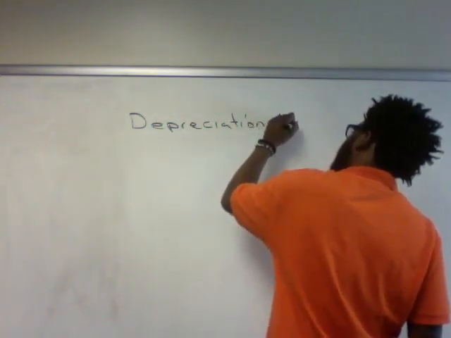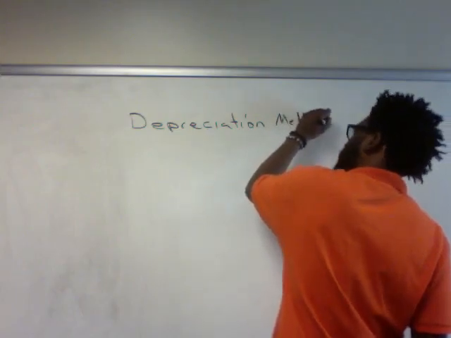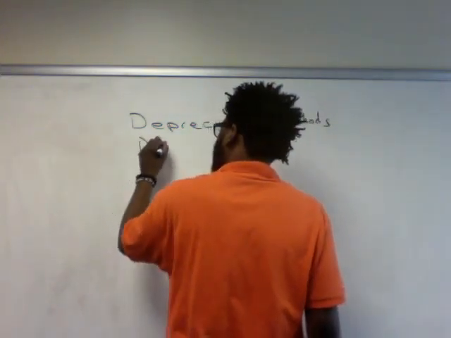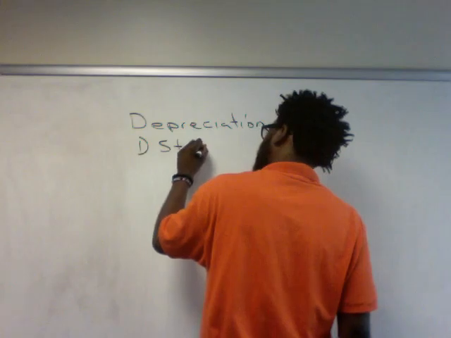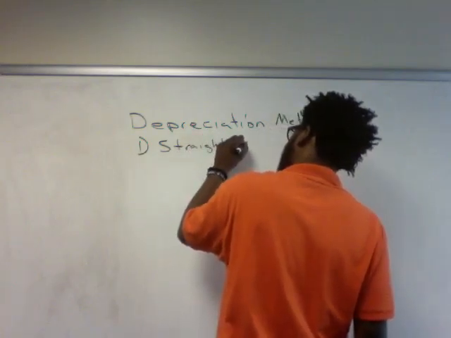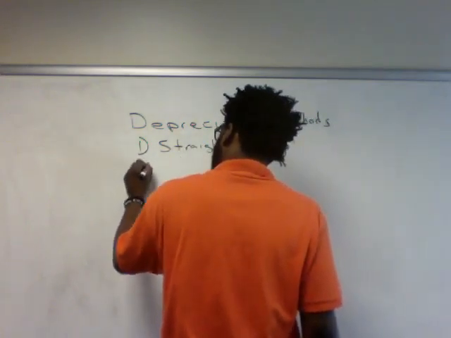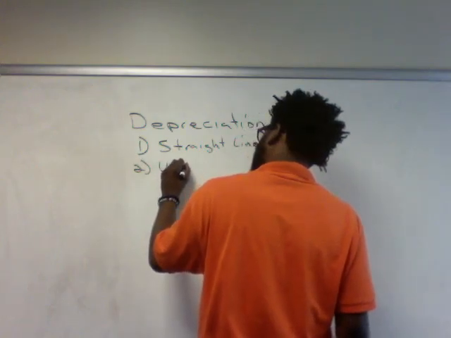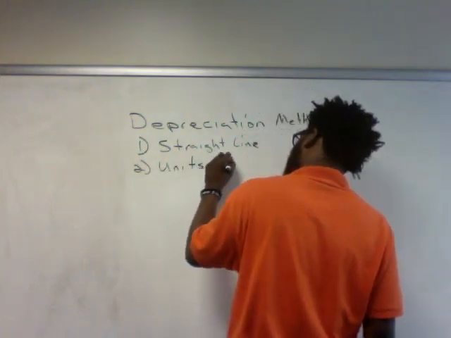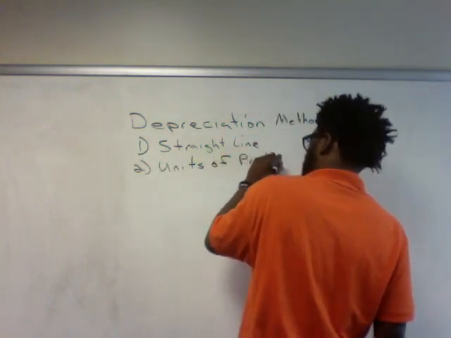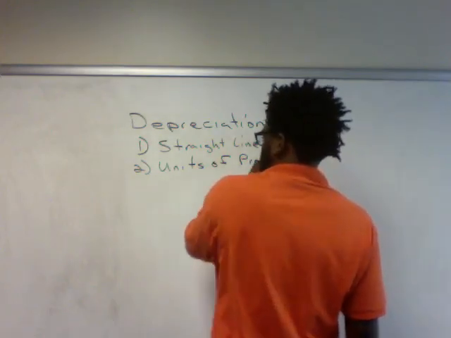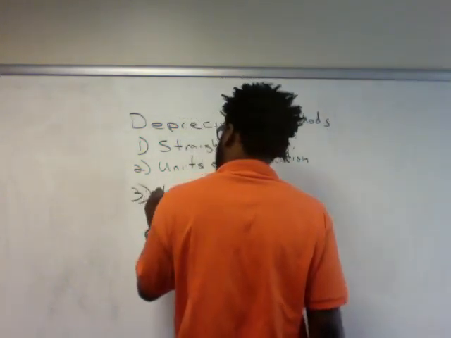depreciation methods that we're going to talk about are going to be straight line, units of production, and double declining.